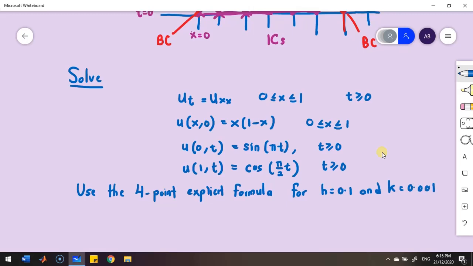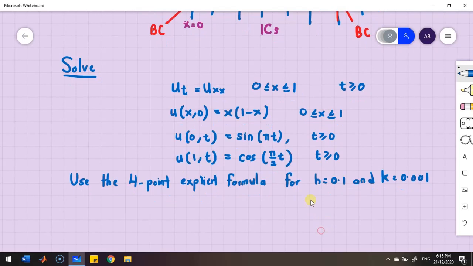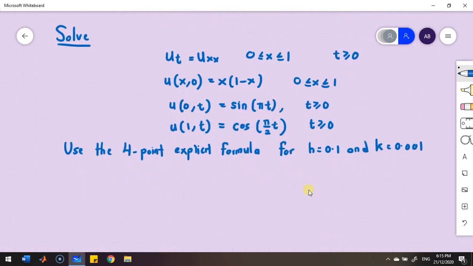Okay, let's do this. First of all, we need to find r. We know that r equals k over h squared. So k is 0.001 divided by h, which is 0.1, squared. What do you get? You should get 0.1 here. So that's my r.